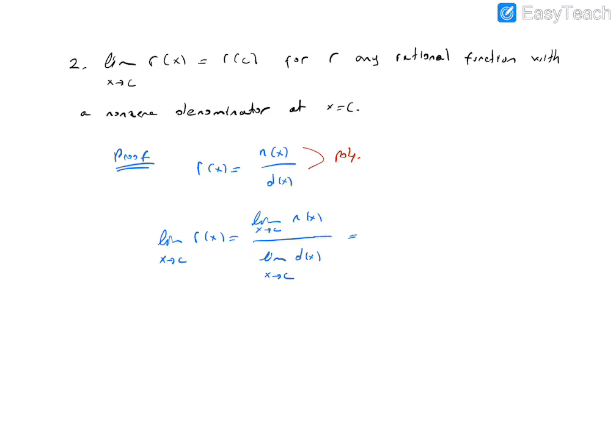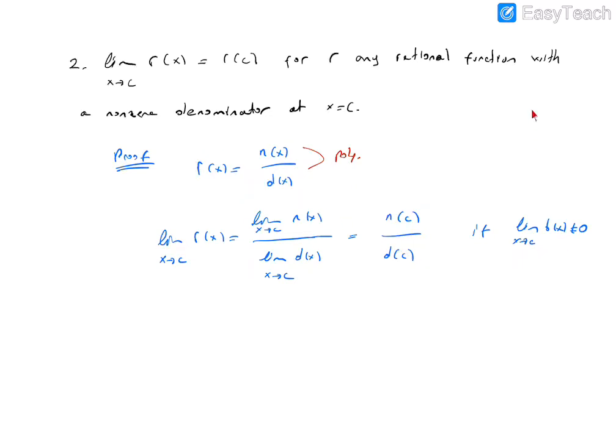So since numerator and denominator are polynomials, the numerator gives n of c, and the denominator is d of c, if d of c, or the limit, is different than 0. The limit as x goes to c of d of x is different than 0, we can write this way. And the left-hand side is r of c.